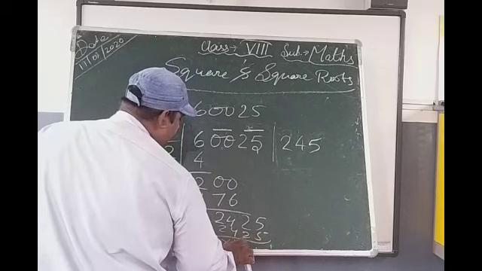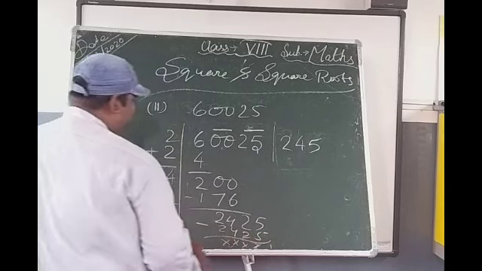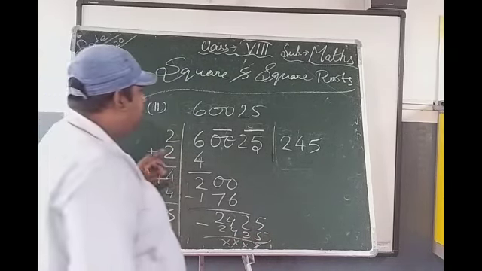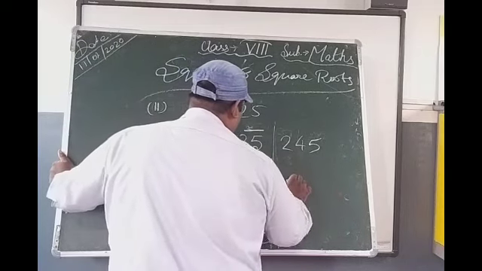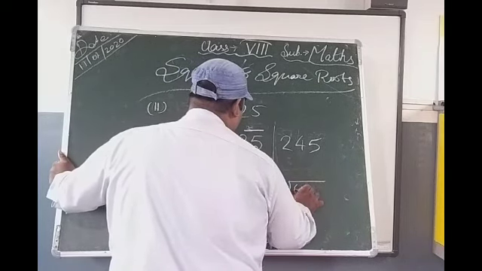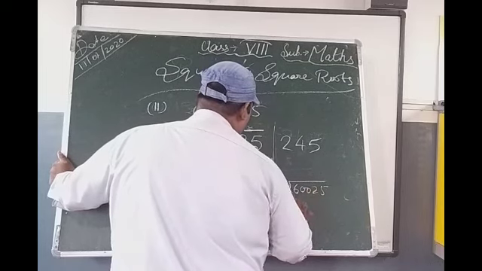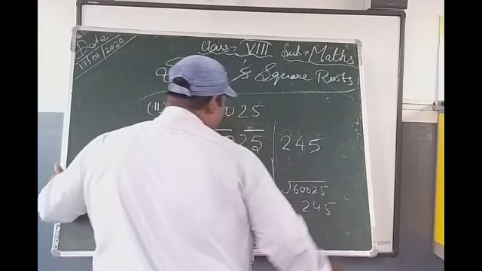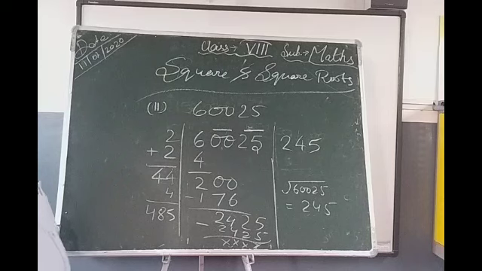Finally it is divisible, so subtract and you get zero. The square root of 60025 is 245.